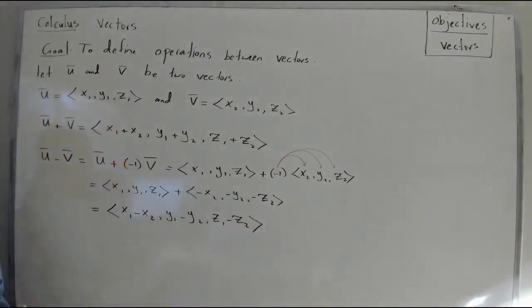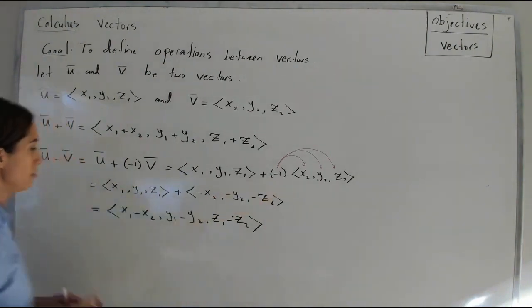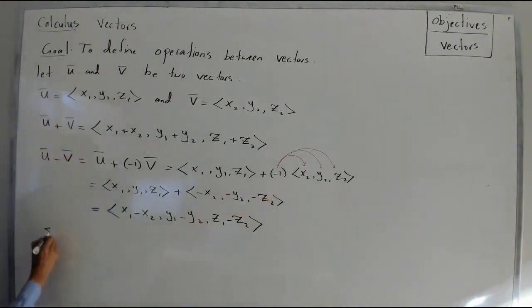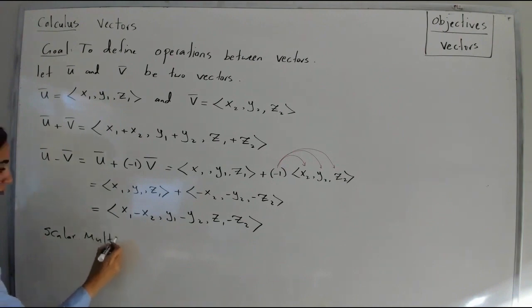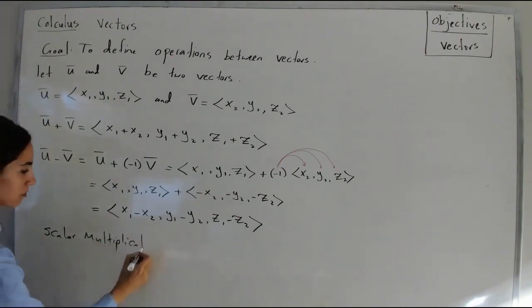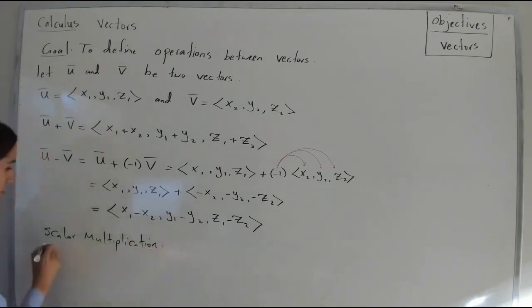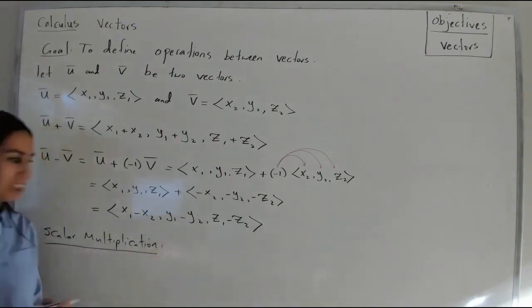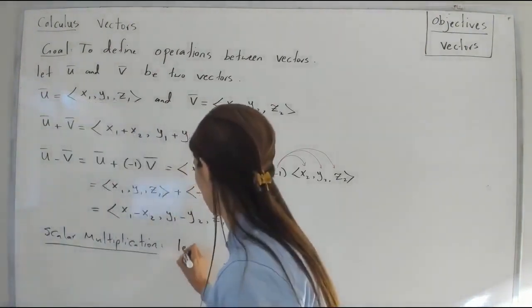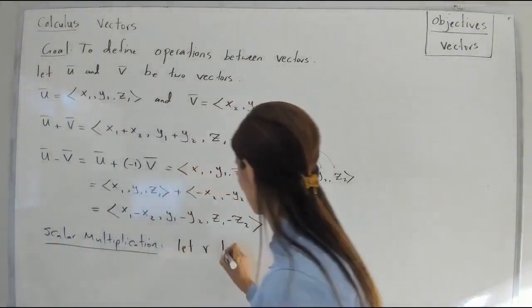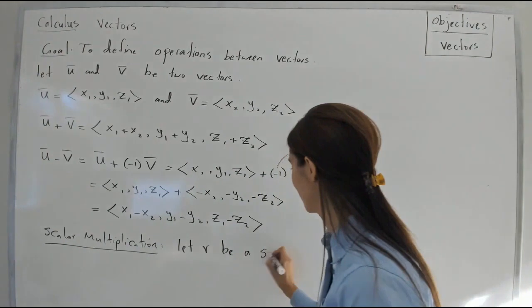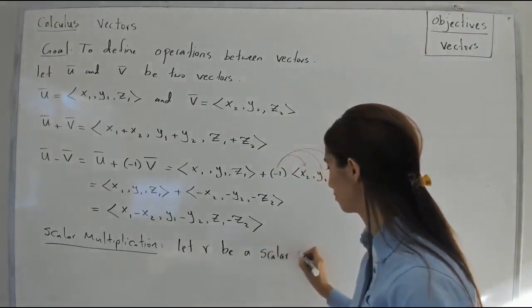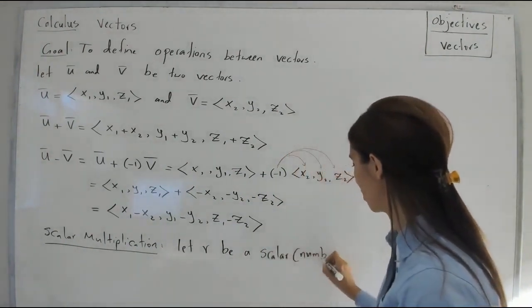So as we mentioned, we have scalar multiplication. So suppose R is just a number, a scalar, which is nothing but a number.